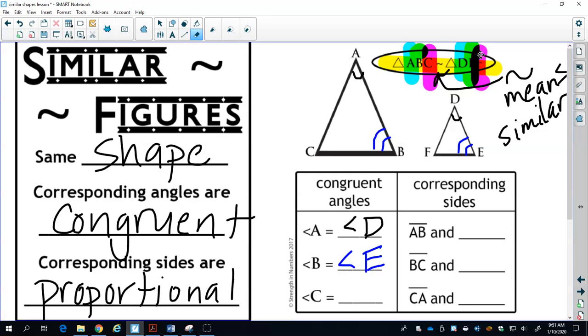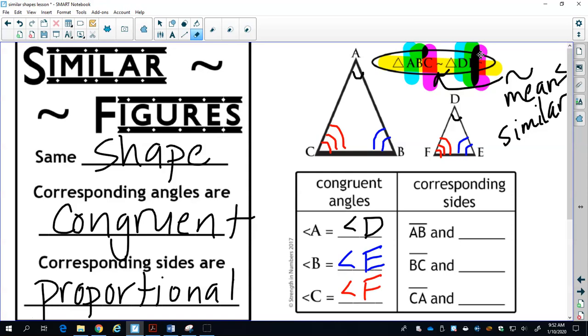So now I'm going to take a different color and I'm going to show you. So C, so that we can keep up with the fact that it goes with F, I'm going to draw C with 3 curved lines and F with 3 curved lines. So now you can see how they line up. And again, I wanted to show you, oh, that goes with F.